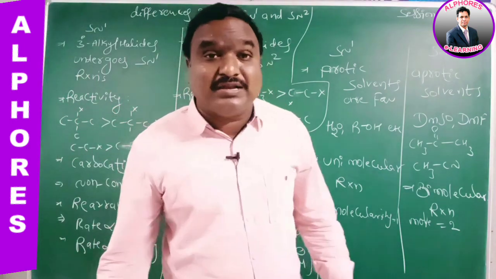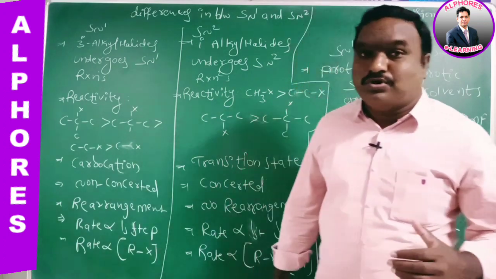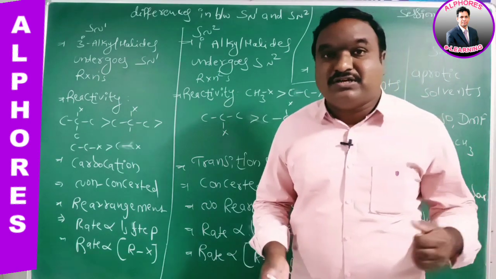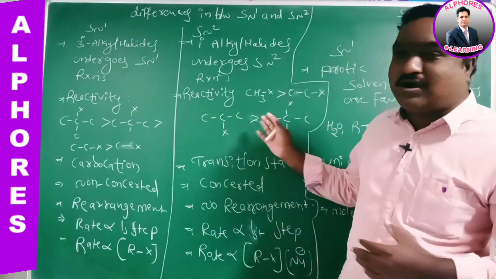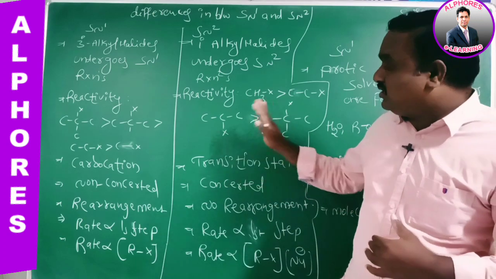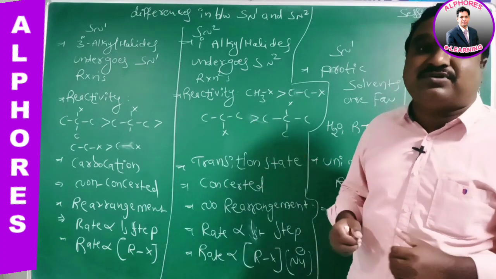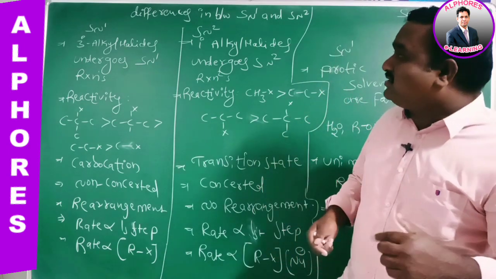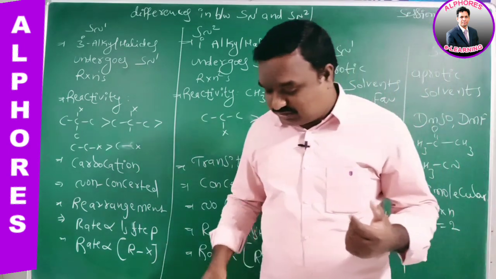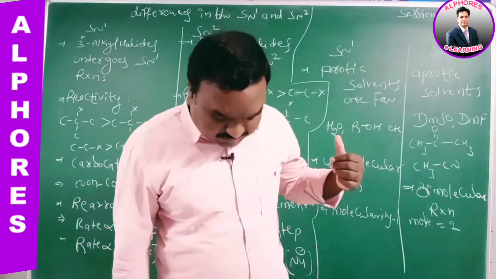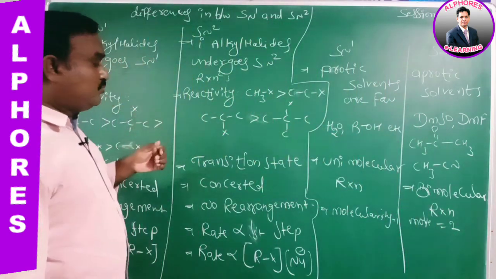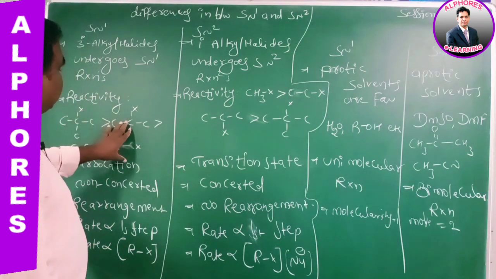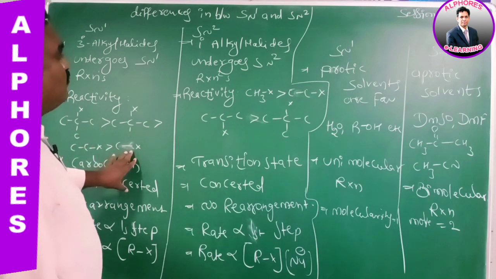We will discuss what type of compound has greater reactivity in nucleophilic substitution reactions after completing the differences between SN1 and SN2 reactions, because the next topic is factors affecting nucleophilic substitution reactions. In that one we will discuss the reactivity of the given compounds. But according to this order, tertiary is most reactive, then secondary, primary, and normal compounds.